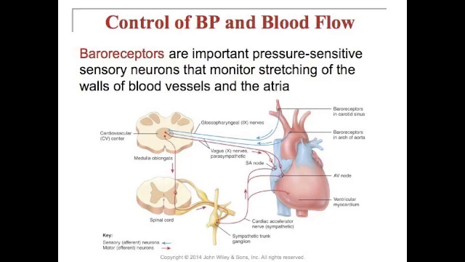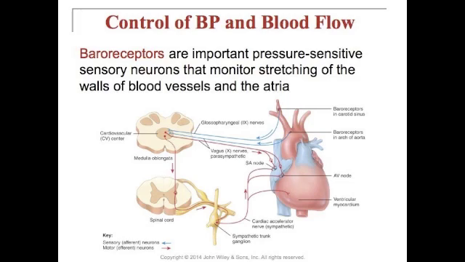Baroreceptors, pressure-sensory receptors, are located in the aorta, internal carotid arteries, and other large arteries in the neck and chest. They send impulses to the cardiovascular center to help regulate blood pressure. The two most important baroreceptor reflexes are the carotid sinus reflex and the aortic reflex.